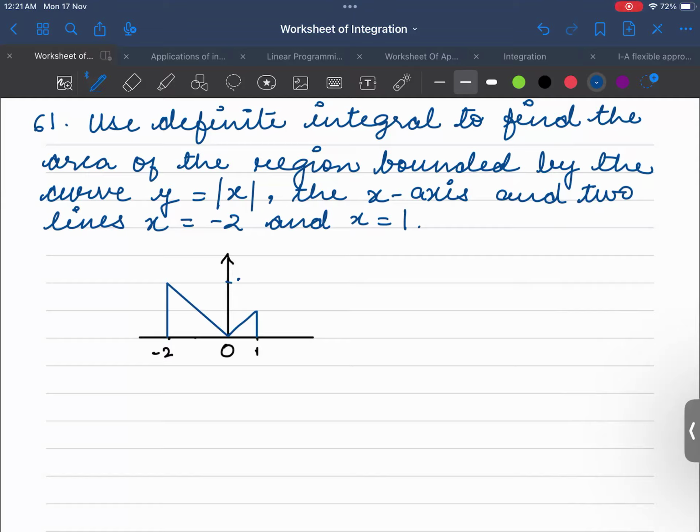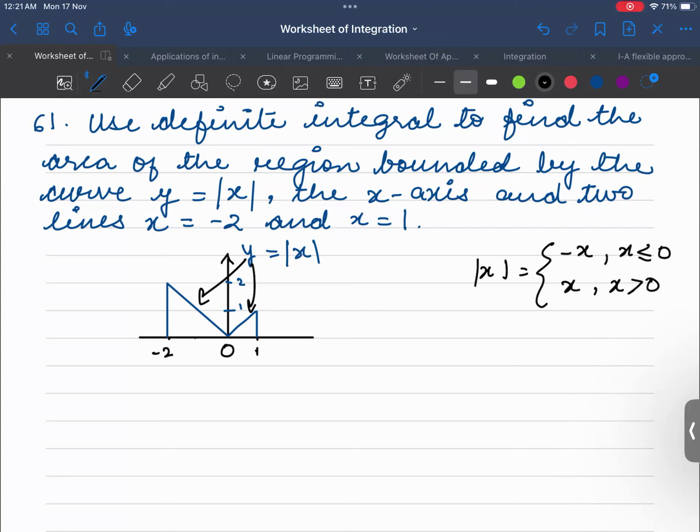Since y is modulus x, we can say modulus x is -x when x is less than or equal to 0, and it is plus x when x is more than 0. If the x value is more than 0, then it would be x, and if the x value is less than 0, then it will be -x.